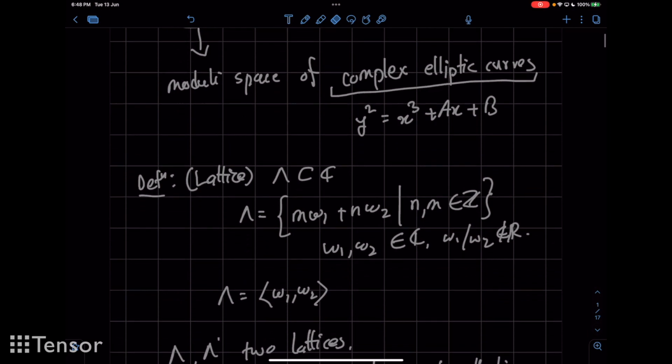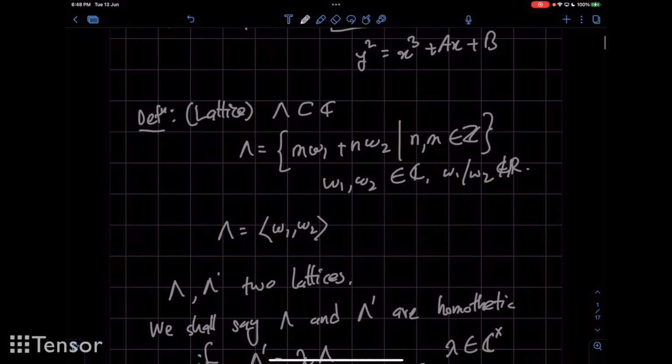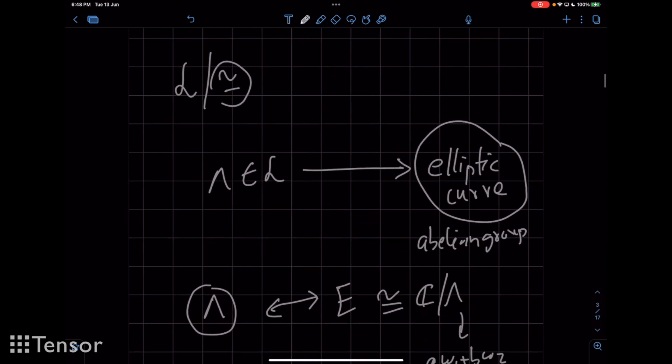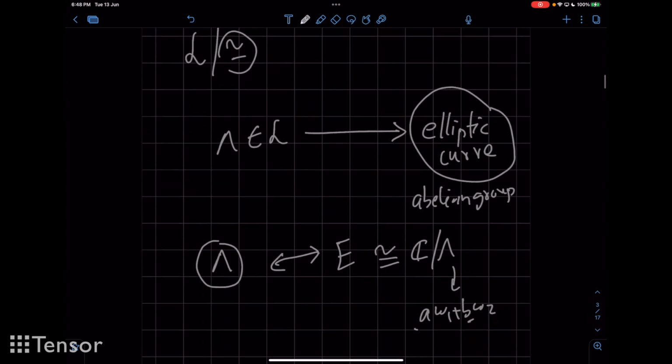Somewhere later you stated the correspondence between elliptic curves and the equivalence classes of lattices? Yes, I just briefly stated the theorem. I did not prove it. Those basically serve as motivation. And you were saying that it has the structure of an abelian group.